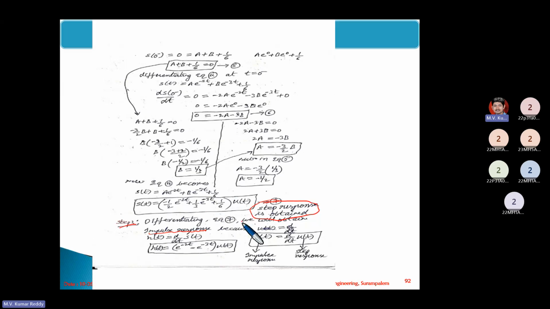This is the final value, and we have to write u of t. Impulse response is the differentiation of the step response. When our step response is differentiated, we will get the impulse response. This is model 5.